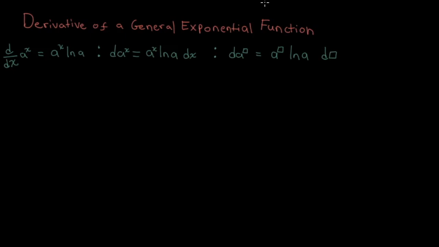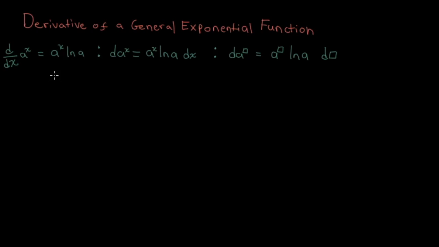In this video, we're going to talk about how to get the derivative of a general exponential function. Whenever you're looking at an exponential function, it'll take the form a to the power of x. The derivative of it is going to be a to the power of x ln a.